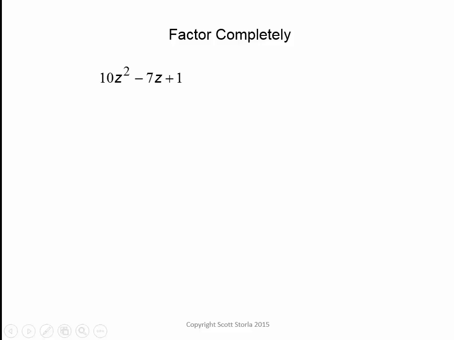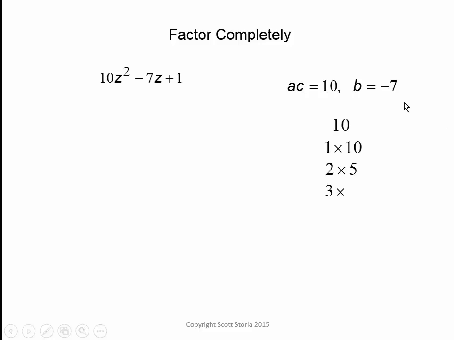Here's one for you to try. In this problem, A times C will give us 10, and B will be negative 7. There's only a couple of factor pairs for 10, 1 and 10 and 2 and 5.